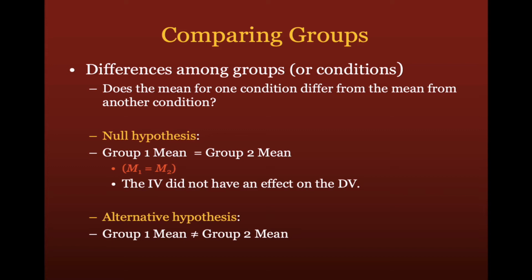This would be considered a two-tailed test because we're not saying which one is going to be higher than the other. We're saying they're going to be different. If I wanted to make a one-tailed test, I would give it direction. I would say the mean for group 1 would be higher than the mean for group 2. But for this particular example, we're just saying that the means are going to be different. If we're talking about our fertilizer versus the control condition, we'd be arguing a one-tailed hypothesis that the plants that got the fertilizer are going to do better than the plants in the control condition. And this is basically saying that the independent variable had an effect on the dependent variable.